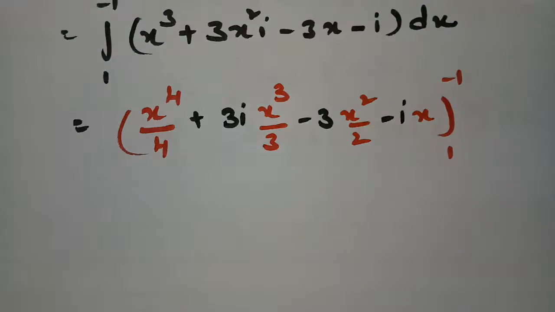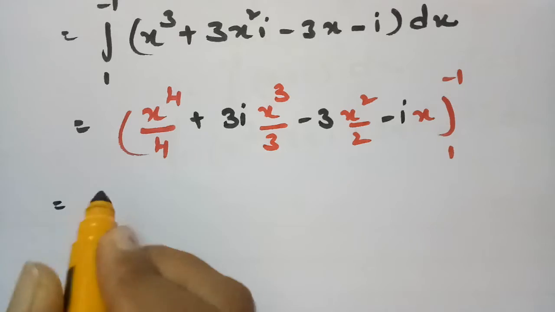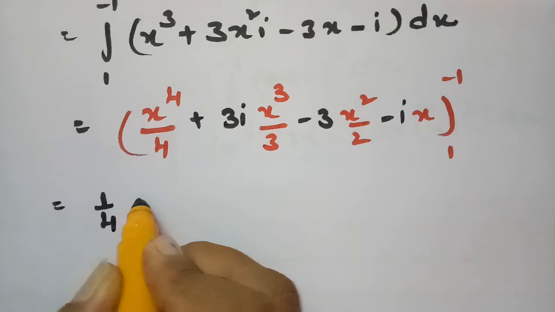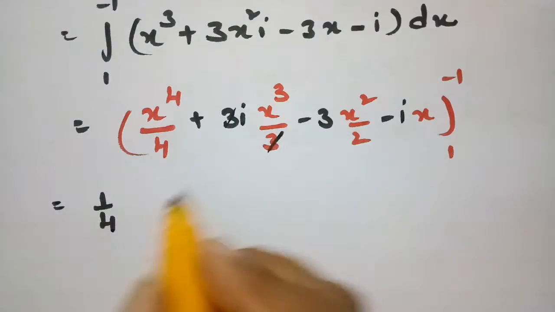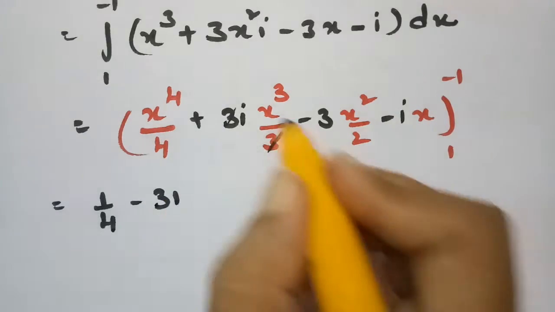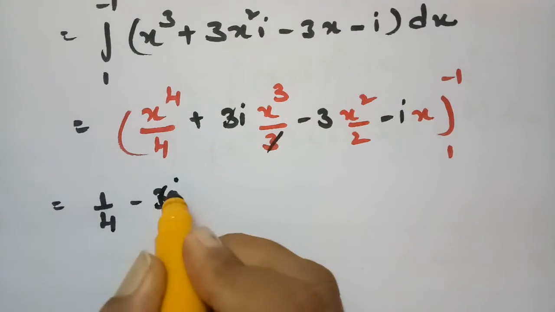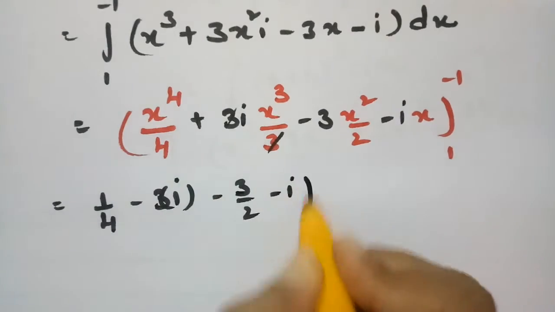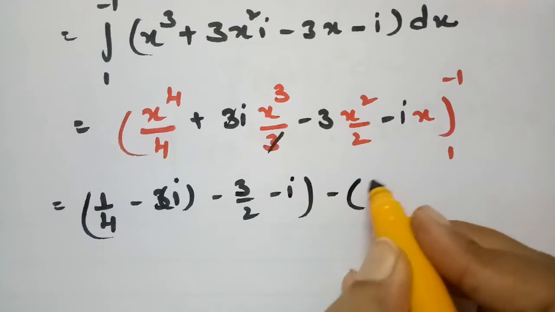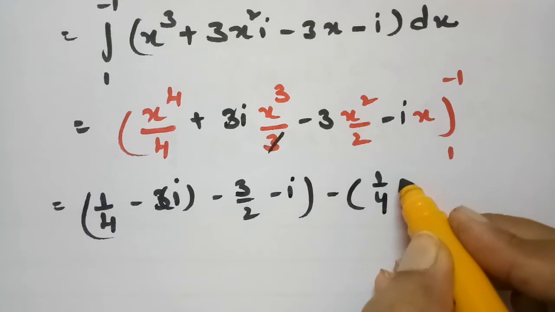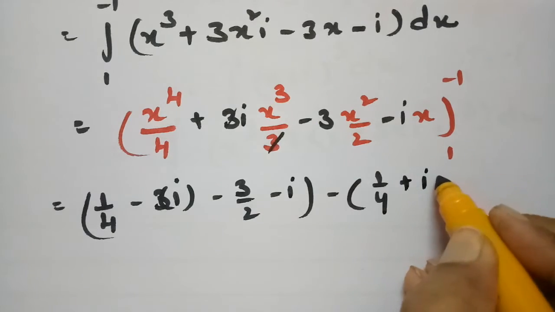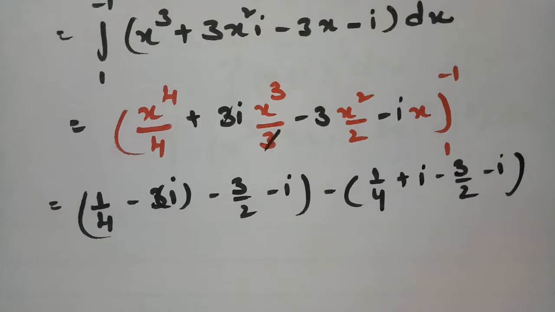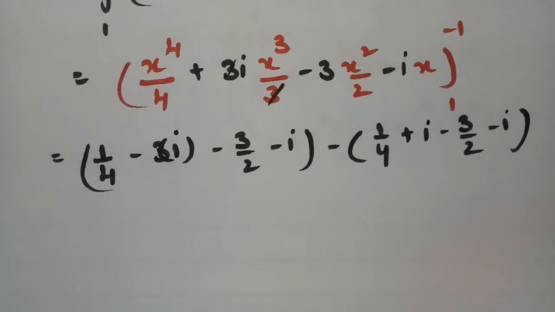So between the limits 1 and -1. If I substitute, this will be -1 power 4, it is again +1, 1/4, and if I cancel this one, this will be minus, so this is 1, so this is 1i, so this value is +i, so this is -3/2, and this is i, and minus of, if I substitute 1 here, this is 1/4, and this value is +i, this is -3/2, and this is -i, and this value is nothing but -i.